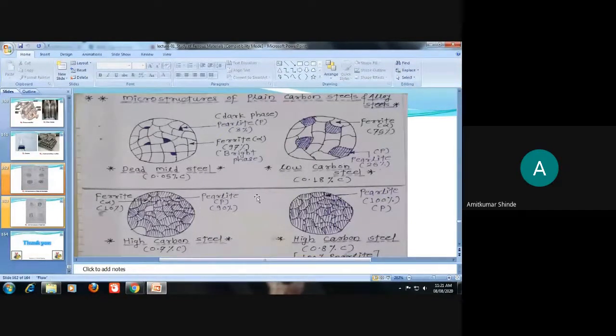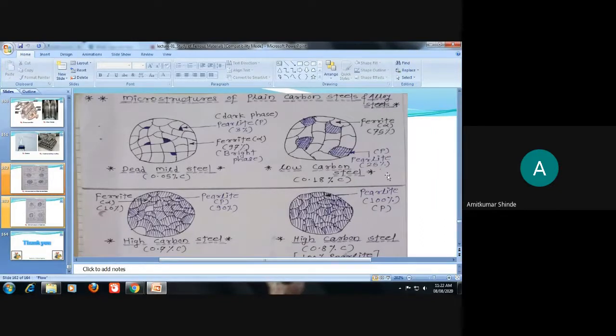Now suppose we move towards the medium carbon steel. In medium carbon steel, carbon will be in the range 0.3 to 0.6. At that time, ferrite will be 50% and pearlite will be 50%. In low carbon steel, the ferrite amount is more and pearlite is maximum 25%, and the remaining will be ferrite only.